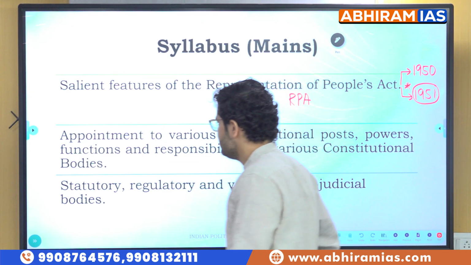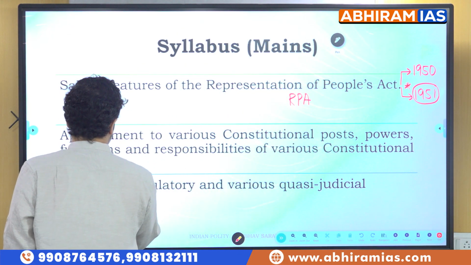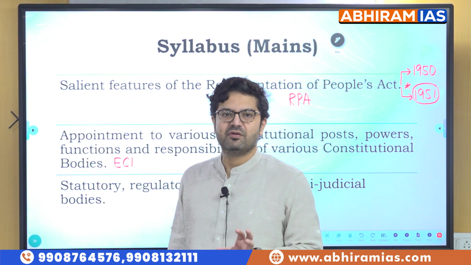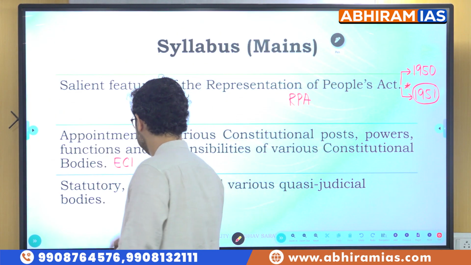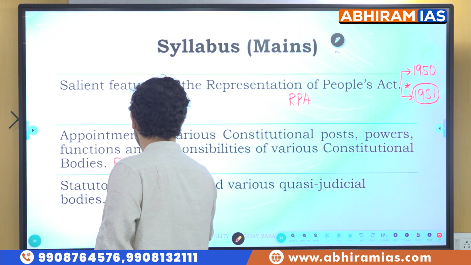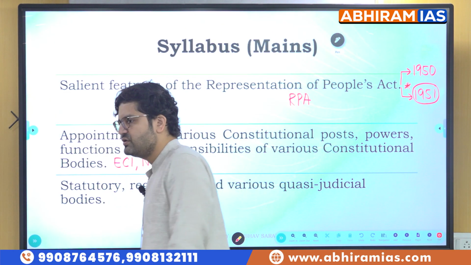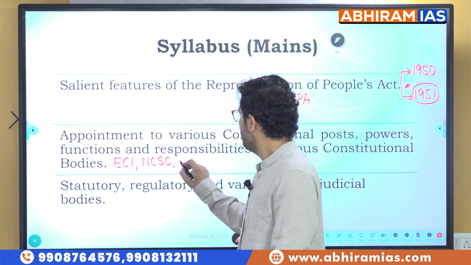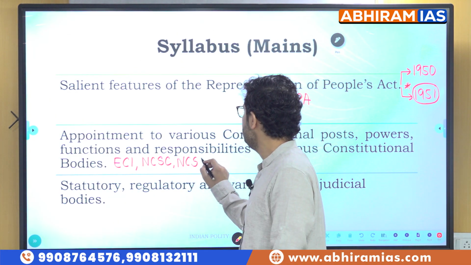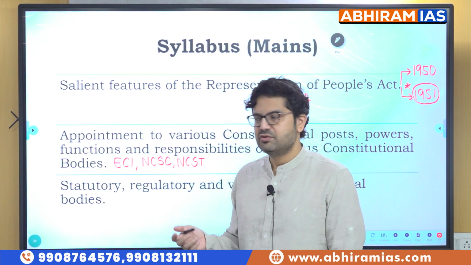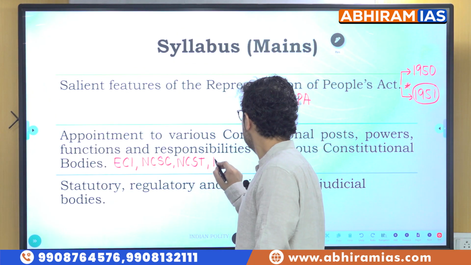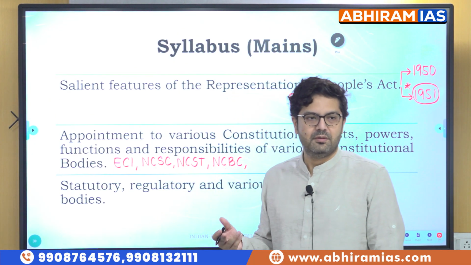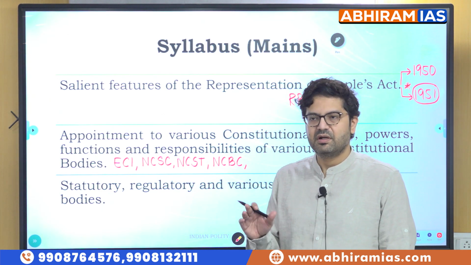So there are various such bodies like ECI, Election Commission of India, NCSC, National Commission for Scheduled Castes, NCST, Commission for Scheduled Tribes, NCBC, Commission for Backward Classes.